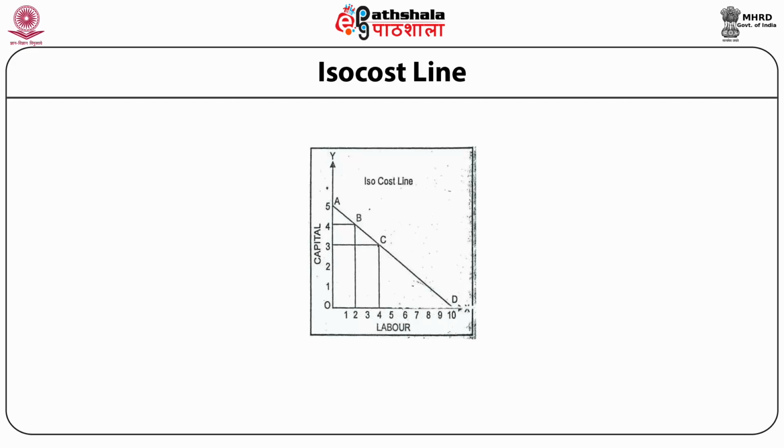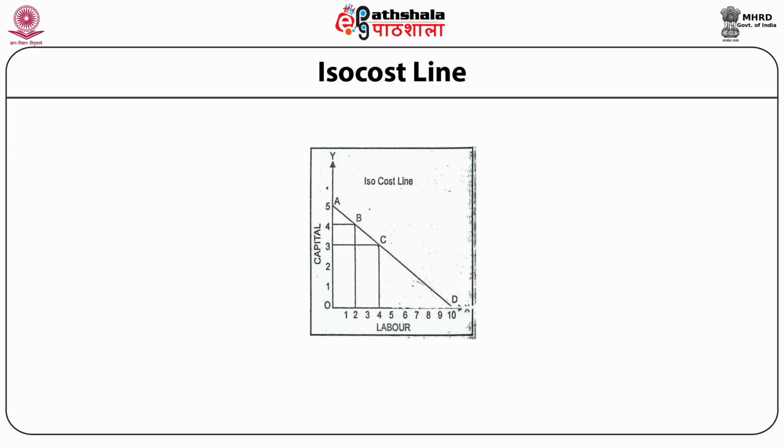In figure 14, labor is represented on the OX axis and capital on the OY axis. The points A, B, C and D show the different combinations of two factors, capital and labor, which can be purchased by spending rupees 100. Point A indicates 5 units of capital and no unit of labor, while point D represents 10 units of labor and no capital.